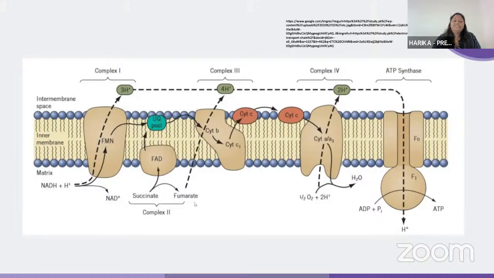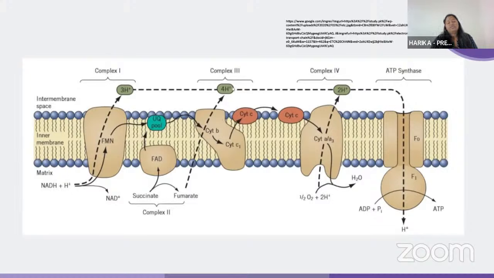Then from complex 2, succinate and fumarate act here on FAD, and then the FAD is released. The FAD is taken up by the ubiquinone, which passes to complex 3.